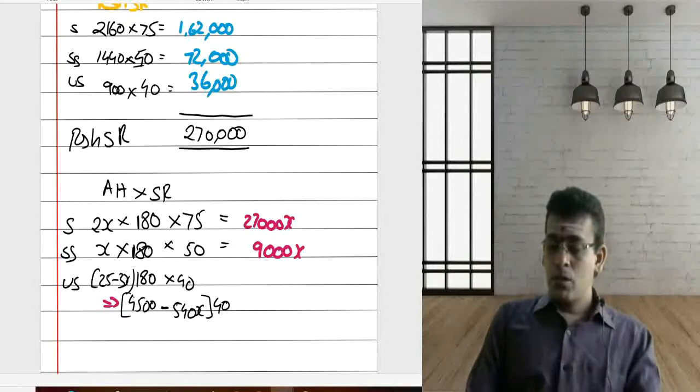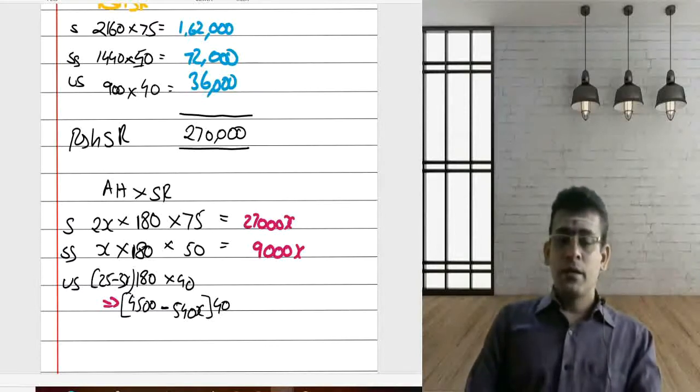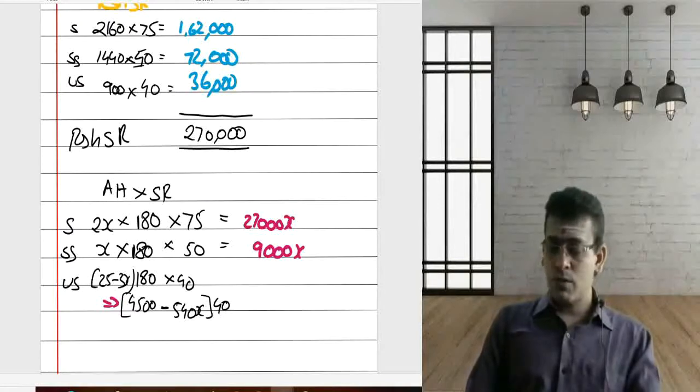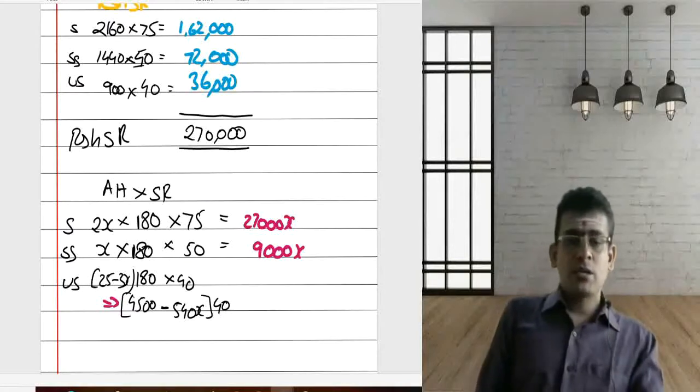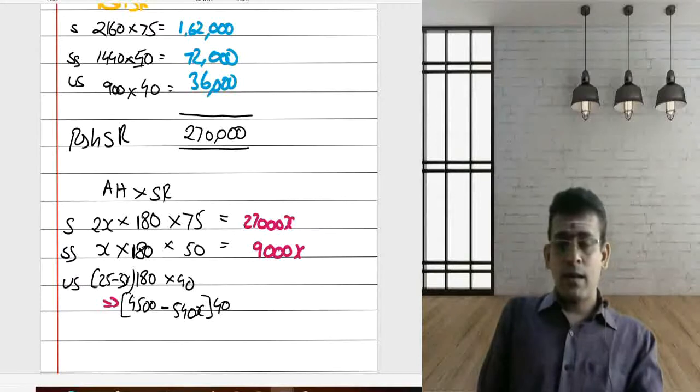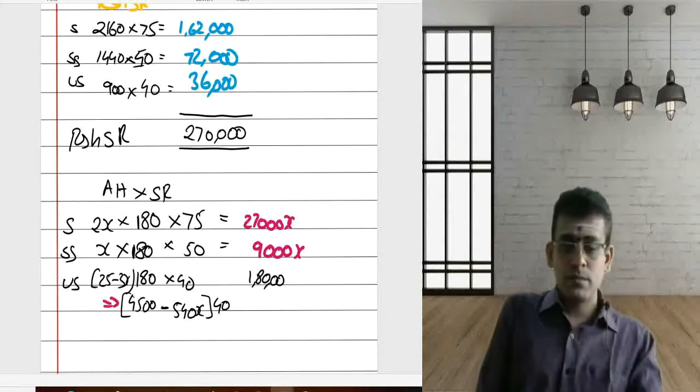So 4,500 into 40, how much will I be getting? I will be getting 1,80,000.